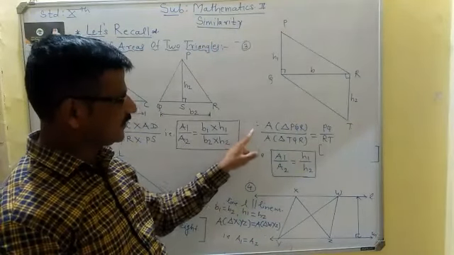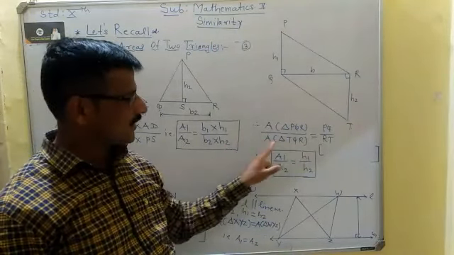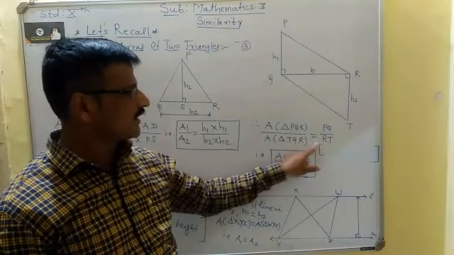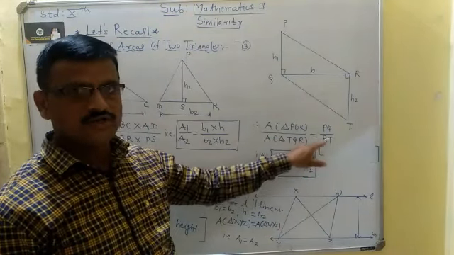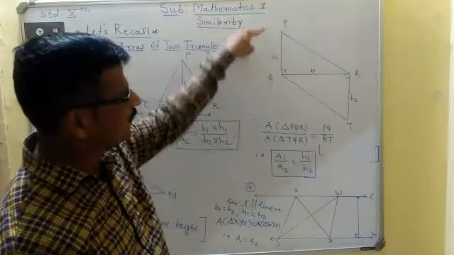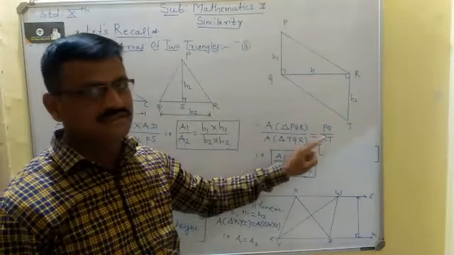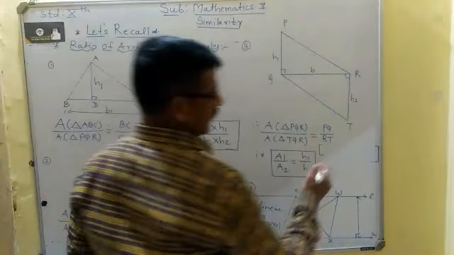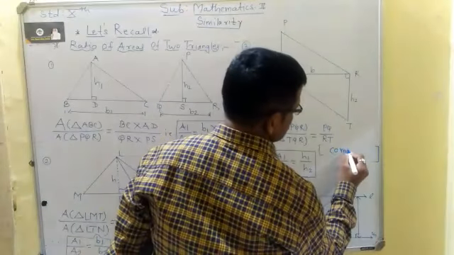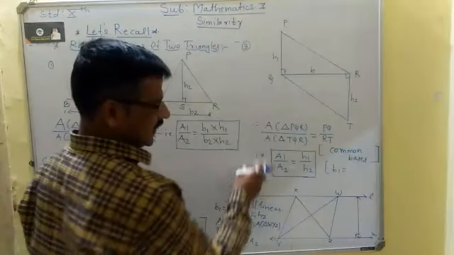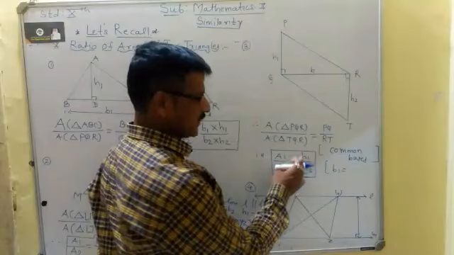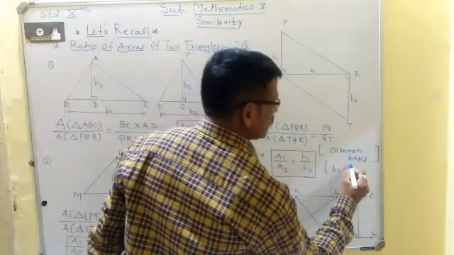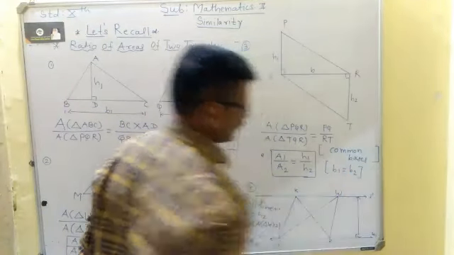That means area of triangle PQR upon area of triangle PQR is equal to the ratio of their corresponding heights, that means PQ upon RT. Here we write common bases. The notation is A1 upon A2 is equal to H1 upon H2. That means the bases are common.